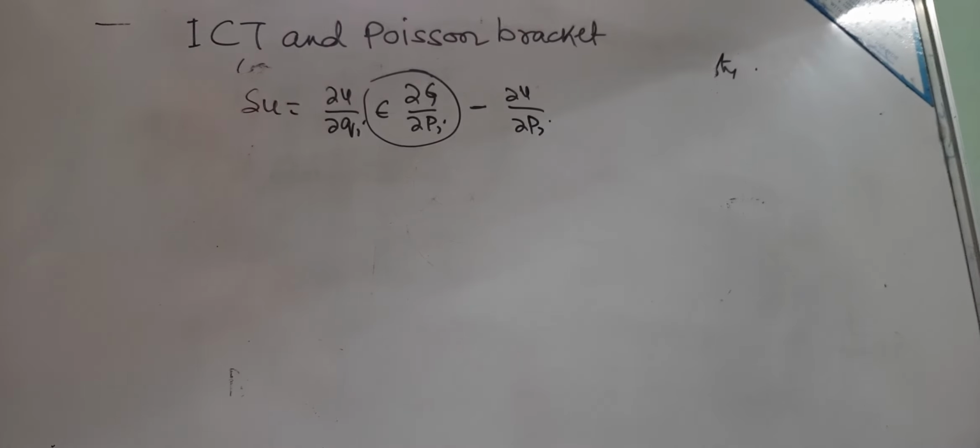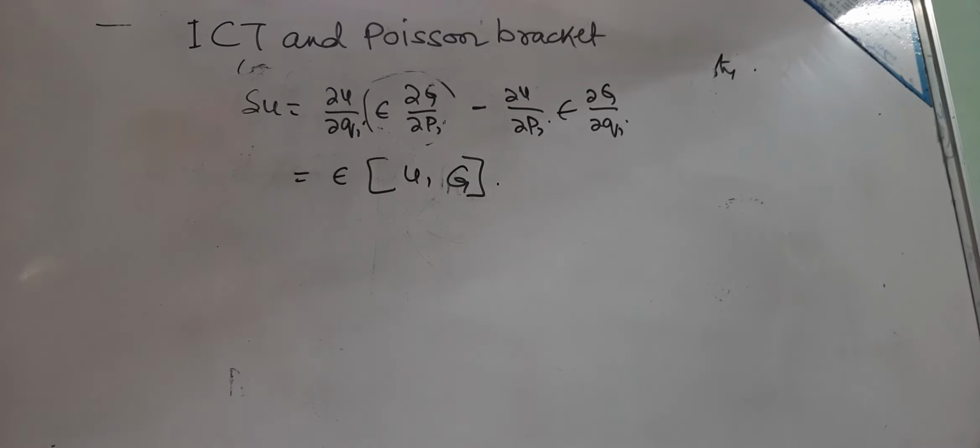By this small change in the value of q and p, we get delta u equal to del u by del qi into delta qi, which is epsilon del g by del pi, minus del u by del pi into delta pi, and delta pi equal to epsilon del g by del qi.